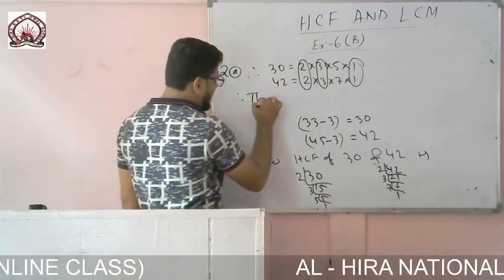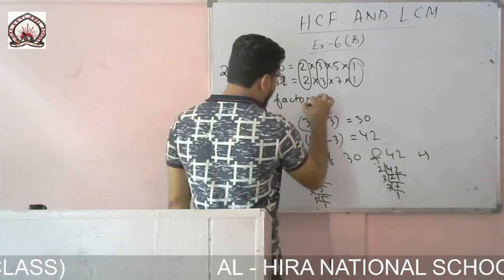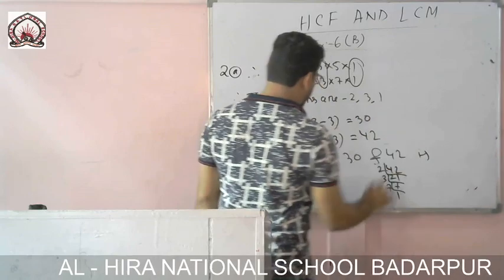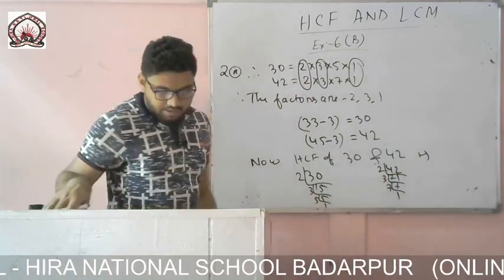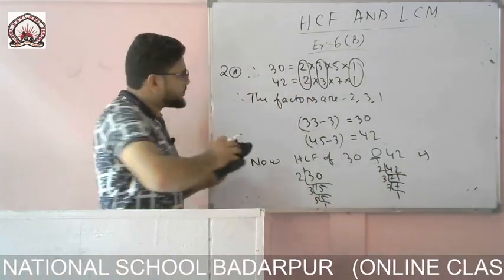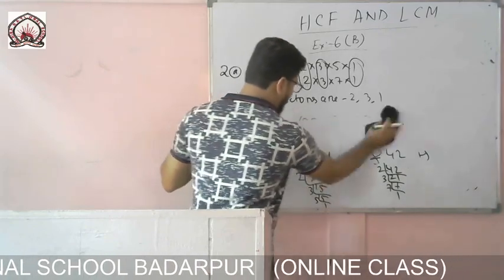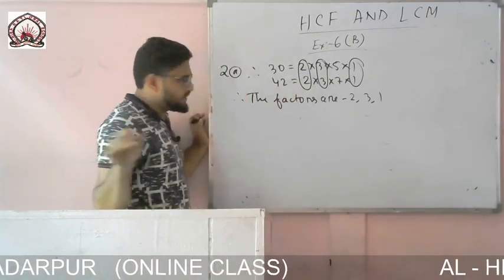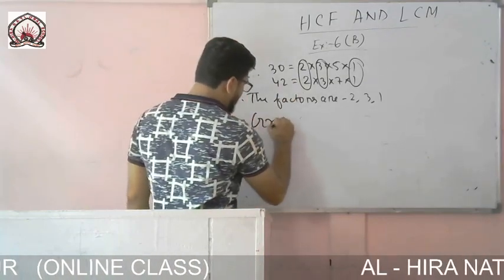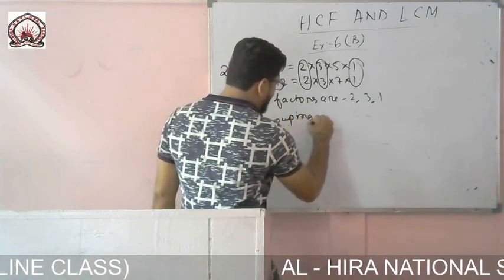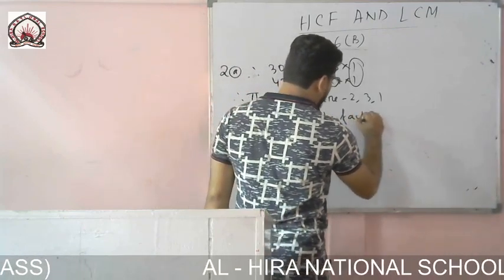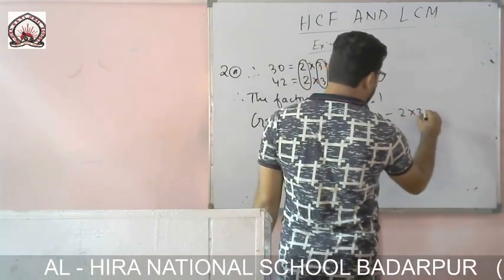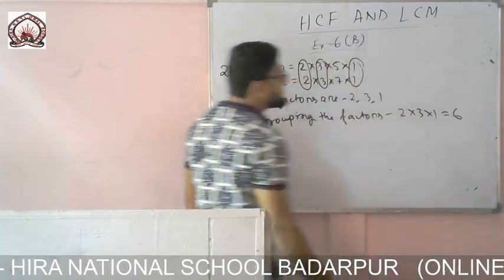Therefore the factors are 2, 3, 1. Now you group the factors. Now write grouping the factors. That means 2 into 3 into 1. It will give 6.